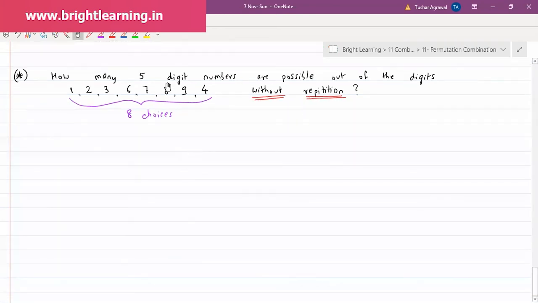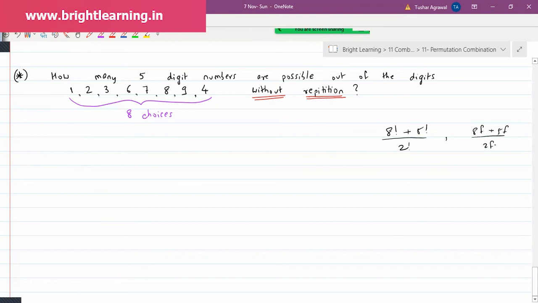Think for a while over this question. No need to give the answer in numerical form, like 5,000 and something or 3,000 and something. You can give your answers like this also. Let's say, sir, 8 factorial plus 5 factorial divided by 2 factorial, or if you want to give it in the chat box, you can write this as 8f plus 5f divided by 2f.